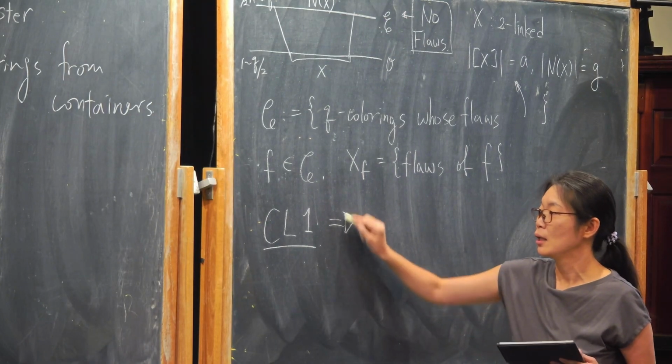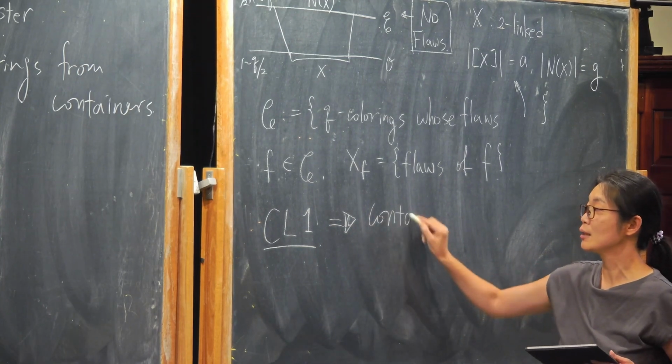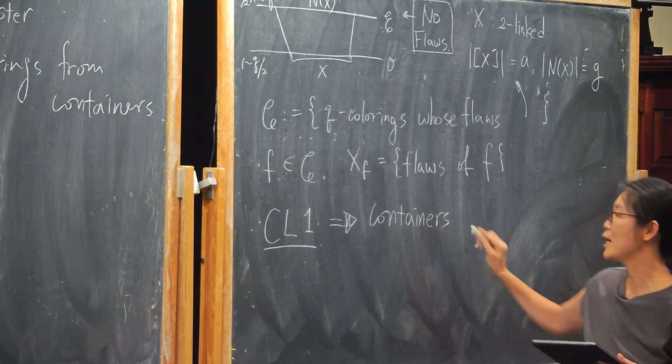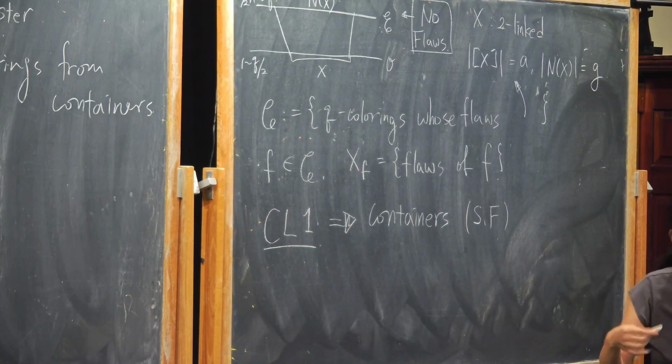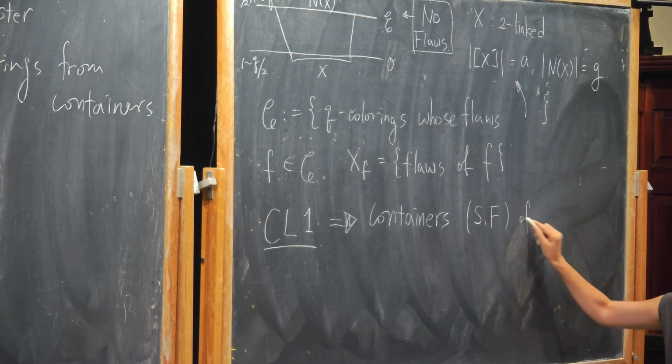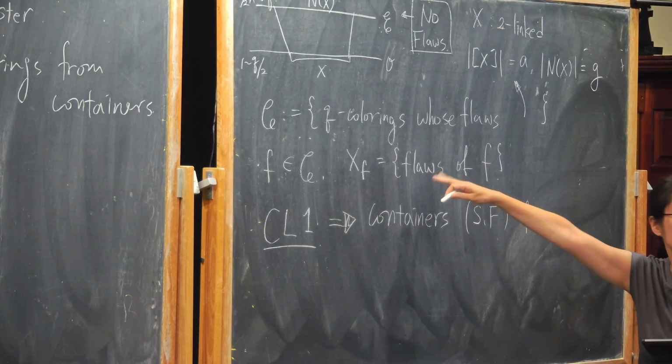If we apply the first container lemma, then the containers whose name is SF. Again, don't worry if you don't remember this. I will give you a reminder. Anyway, what I want to say is finding containers for XF is cheap.